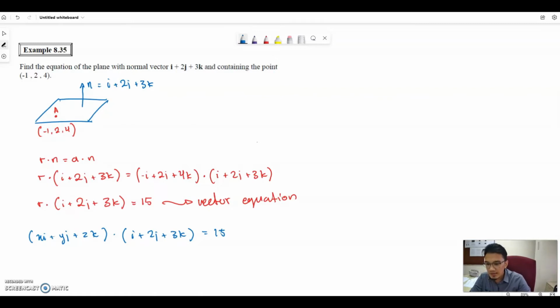Then we do the dot product, so x plus 2y plus 3z equals 15. Then the Cartesian equation is x plus 2y plus 3z minus 15 equals 0. So this is what we call the Cartesian equation.